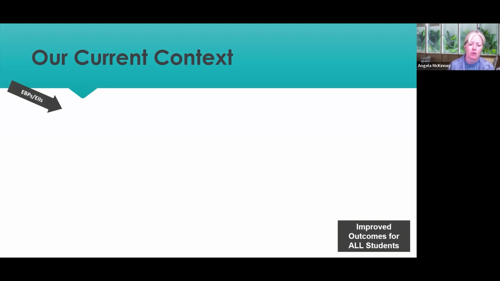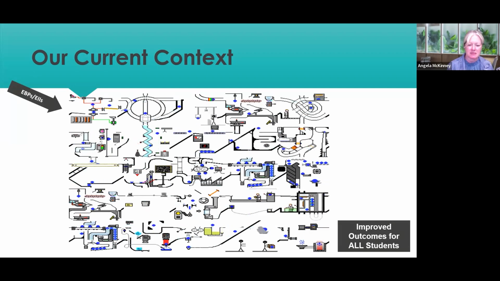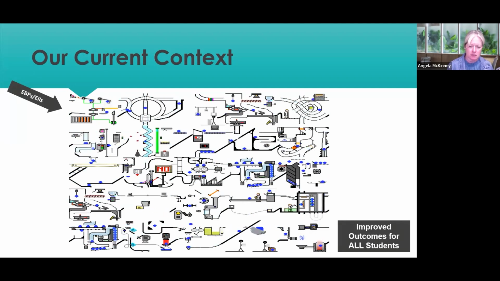And any of you who have gotten a new superintendent or a new principal in the last 5 years, they always bring stuff with them. And it's bad or good, right? Sometimes it's, oh, please don't add something else. Sometimes they bring in something that they had in their old district that they're like, this was the best thing ever. I'm taking it with me. I'm going to make sure that this follows me somewhere else too. But sometimes we end up with a system that looks a lot like this.